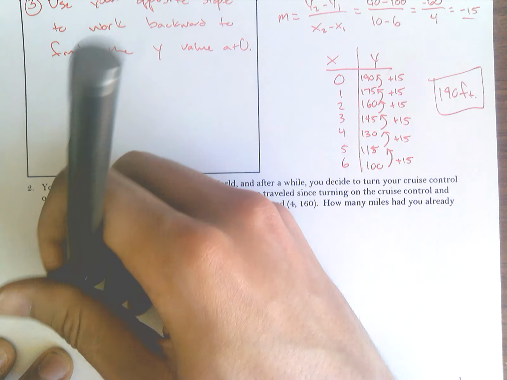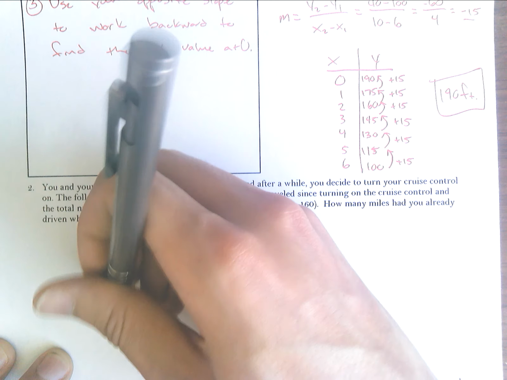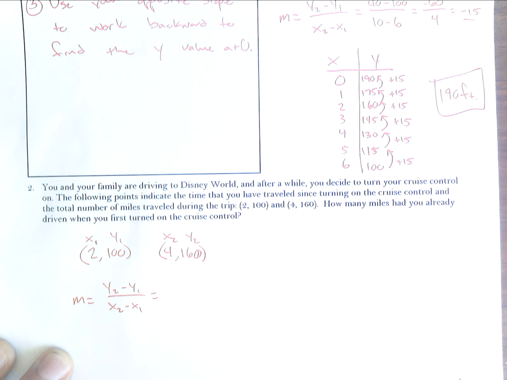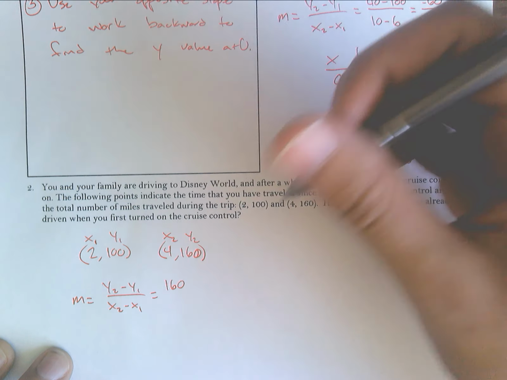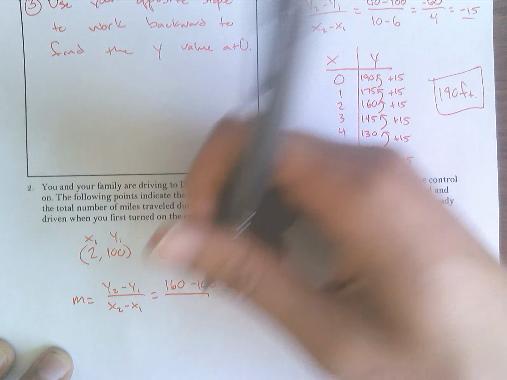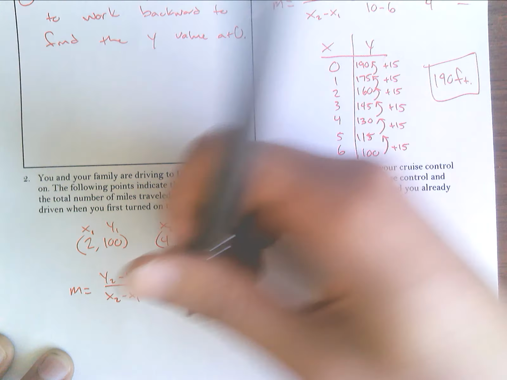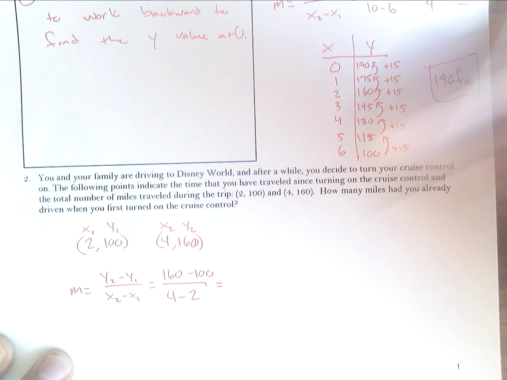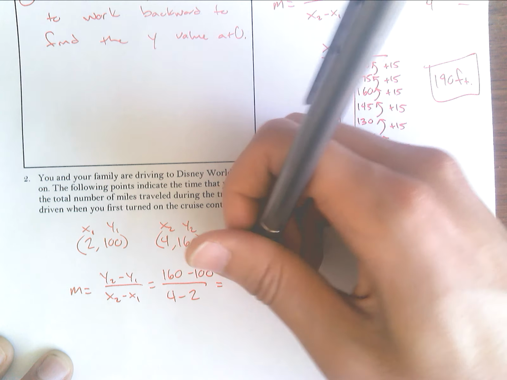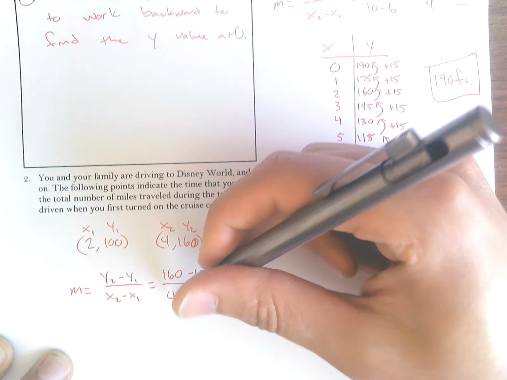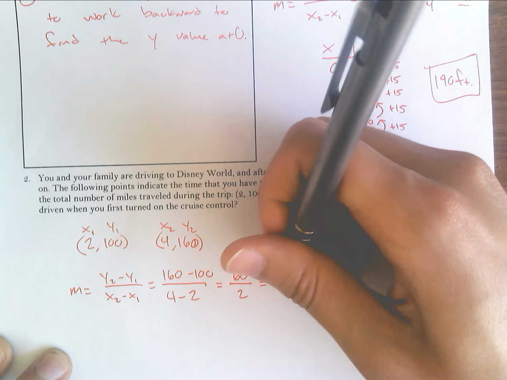We plug into our formula, m equals y2 minus y1 over x2 minus x1. y2 is 160, y1 is 100, so in the numerator we have 160 minus 100. x2 is 4 and x1 is 2, so 4 minus 2. 160 minus 100 is 60, and 4 minus 2 is 2. So 60 divided by 2 is 30.